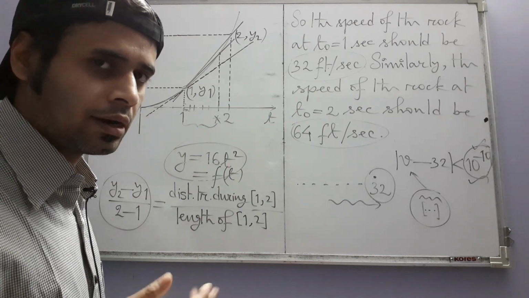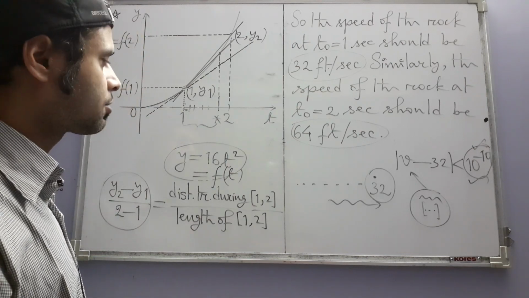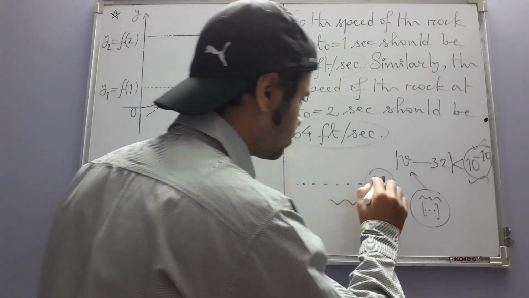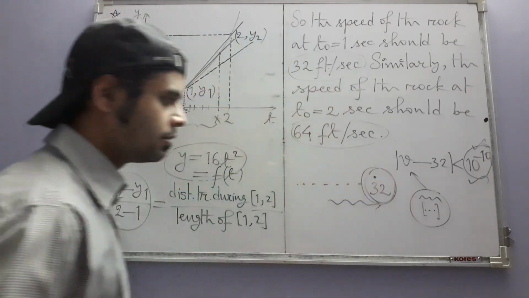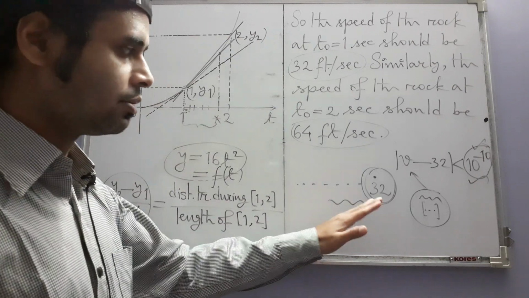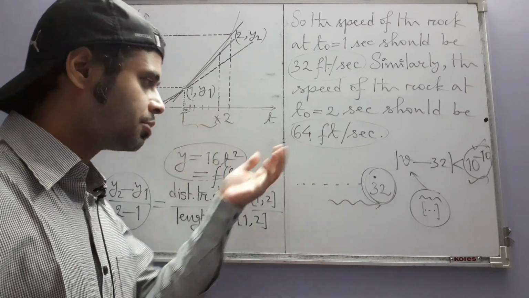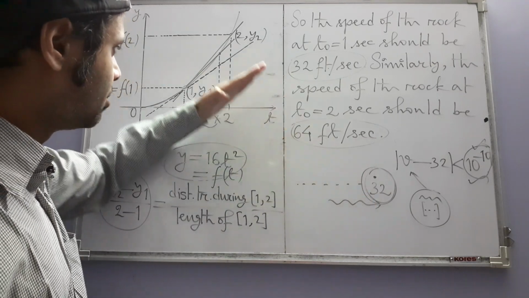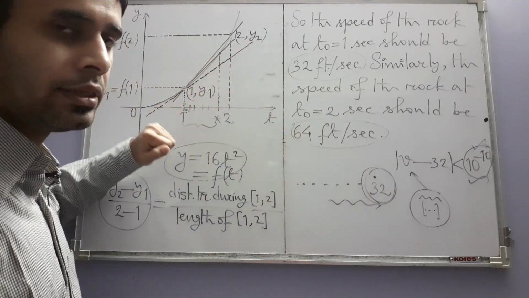It's just a natural observation, and correspondingly the limit that we are talking about here, this 32, that is the value towards which those average speeds approach, that will become the slope of the tangent.